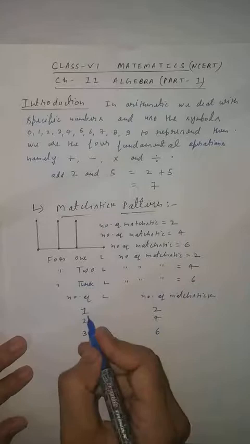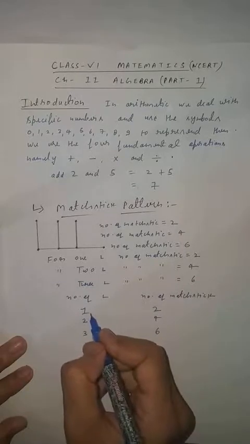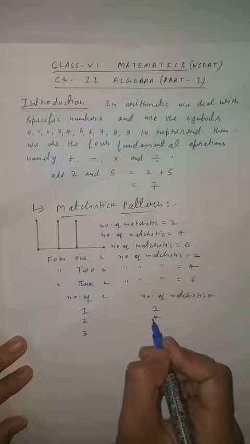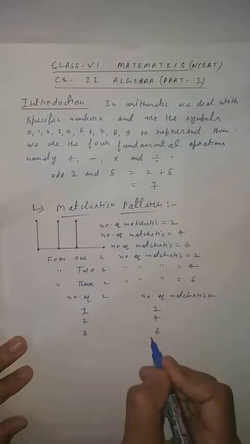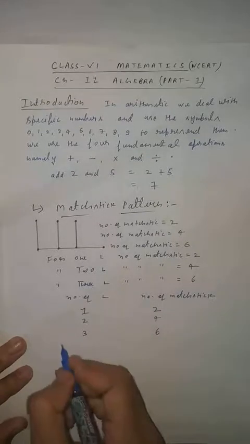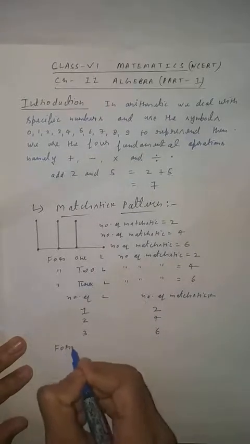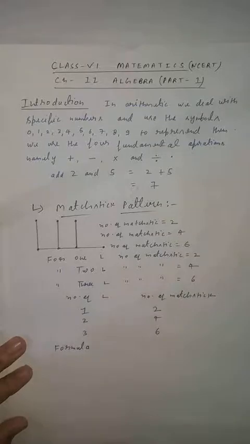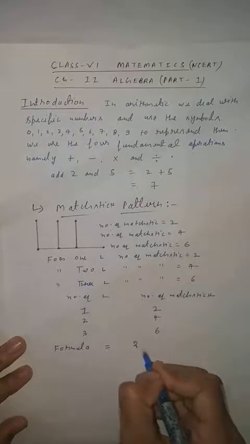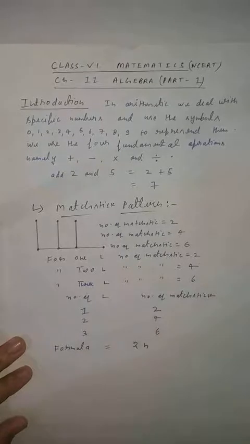When you multiply 1 by 2, it comes to 2. When you multiply 2 by 2, it comes to 4. When you multiply 3 by 2, it comes to 6. What is the actual meaning of this? Here we generate a formula. The formula is 2n.